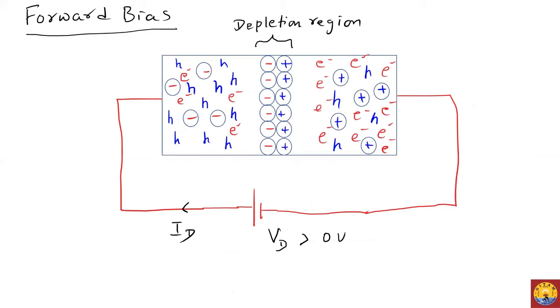We apply a positive potential now. So we have p-type here, and n-type here. Now I connect a positive plate to the p-type and a negative plate to the n-type. What will happen?